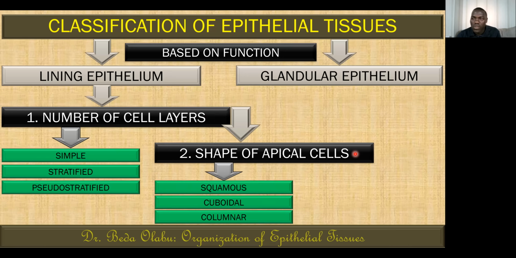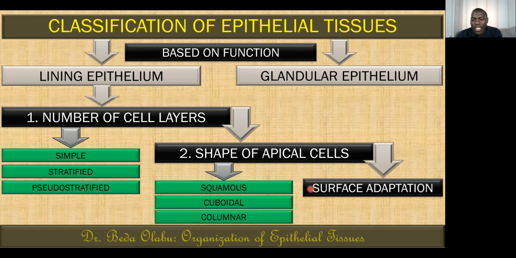Most of the time, the story will end there. But there are times where we need to go further beyond these two classifications, because we want to distinguish further between other epithelial types which have similar features in this nature. So on those circumstances, then we have another concept that we use.